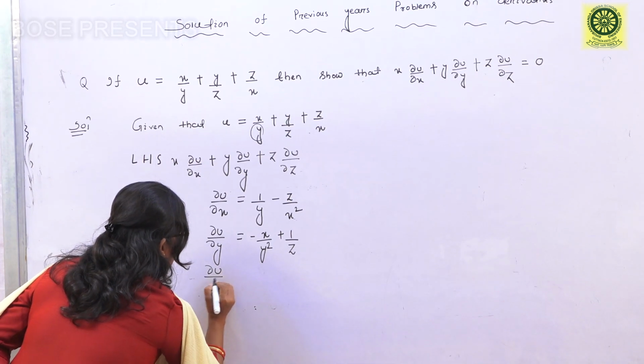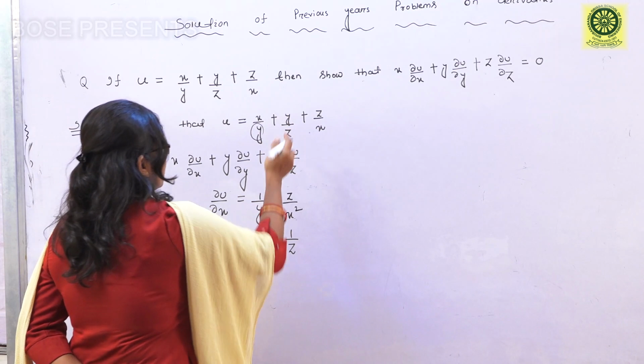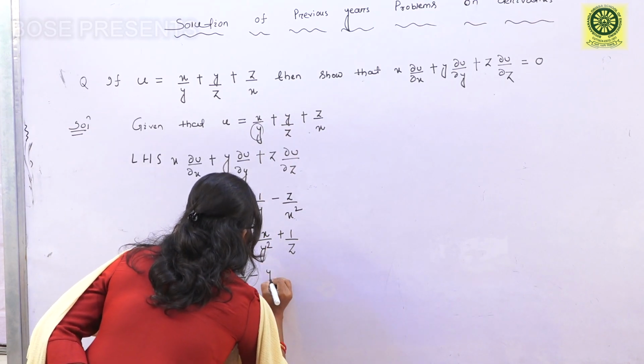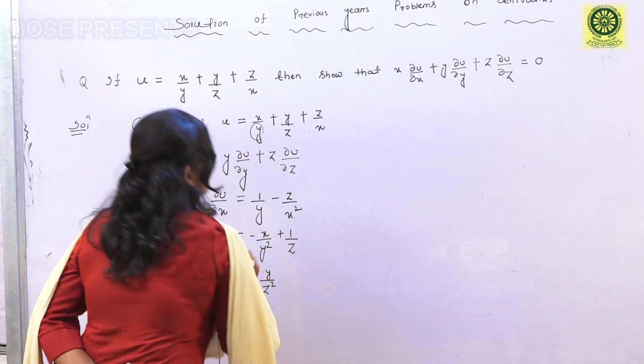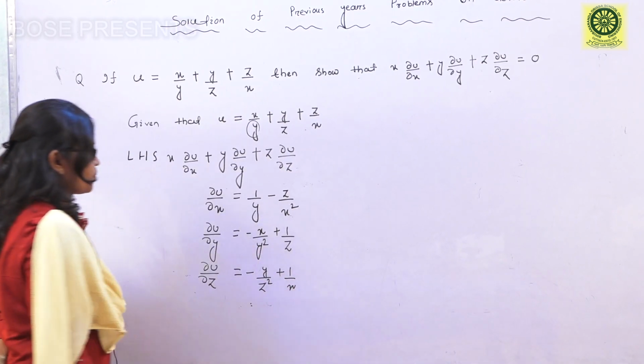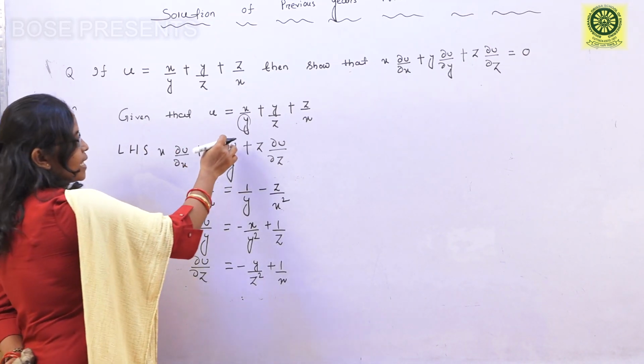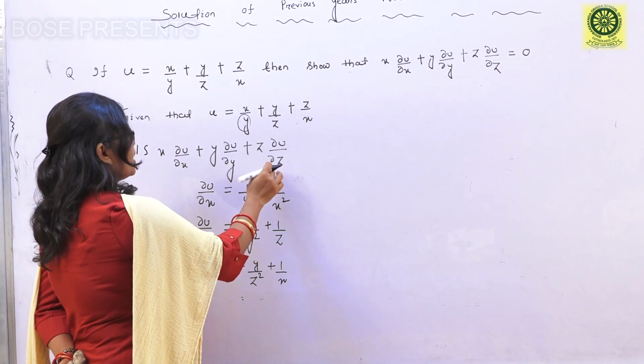And del u by del z equals, from y by z, minus y divided by z square, and plus 1 by x. Okay. Now we have the values of del u by del x, del u by del y and del u by del z.